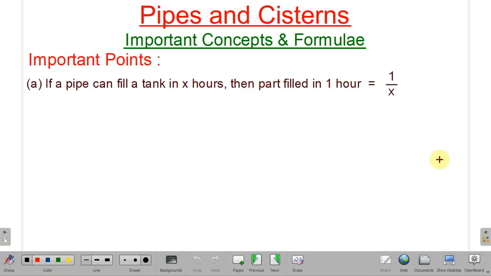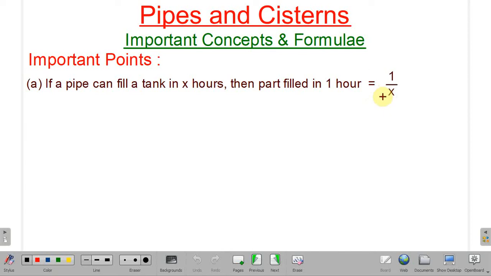Okay, some important points you may note down. Suppose a pipe can fill a tank in X hours. Then the part filled in 1 hour, which means the part of the tank filled in 1 hour, is equal to 1 by X. For example, a pipe is filling a tank in 2 hours.